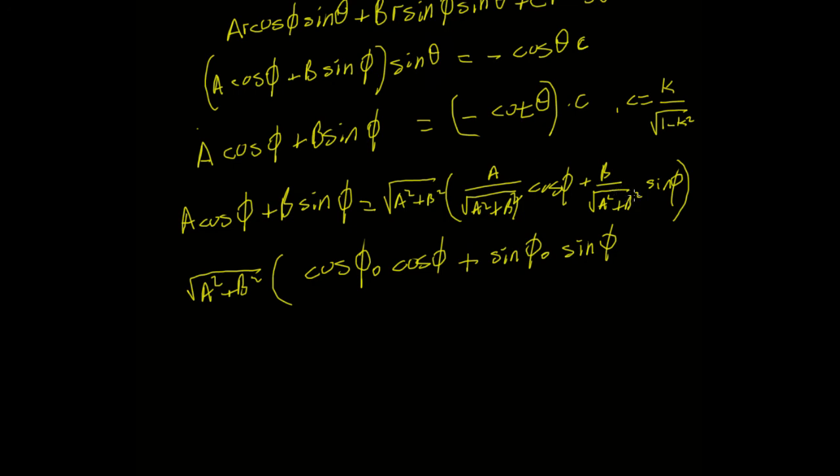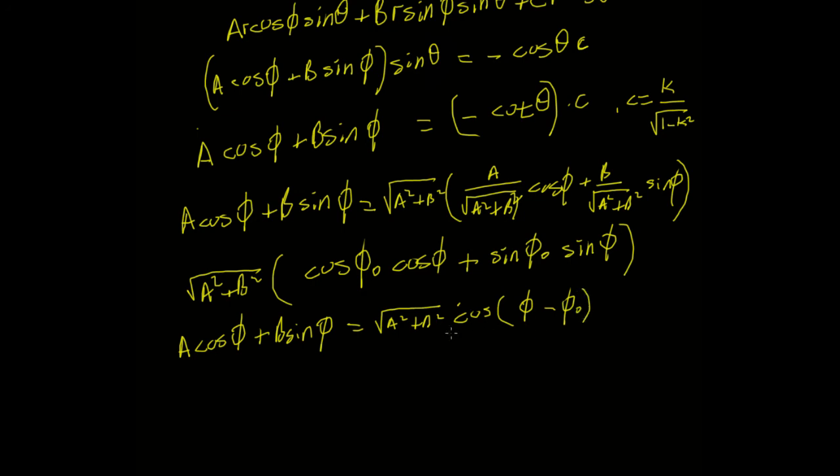Okay, so then you could say that A cos phi plus B sin phi equals the root of A squared plus B squared times the cosine of phi minus phi naught, okay.